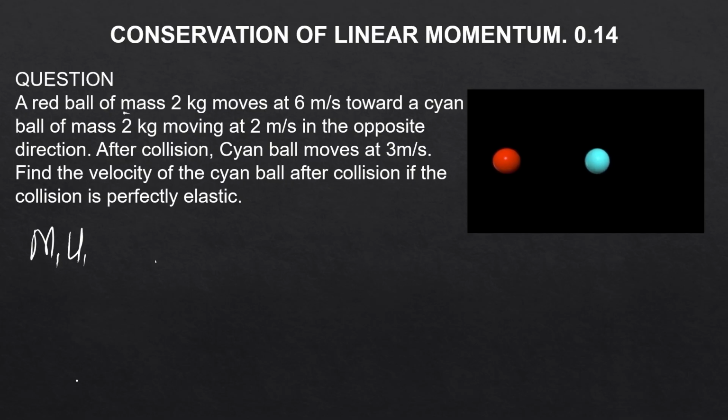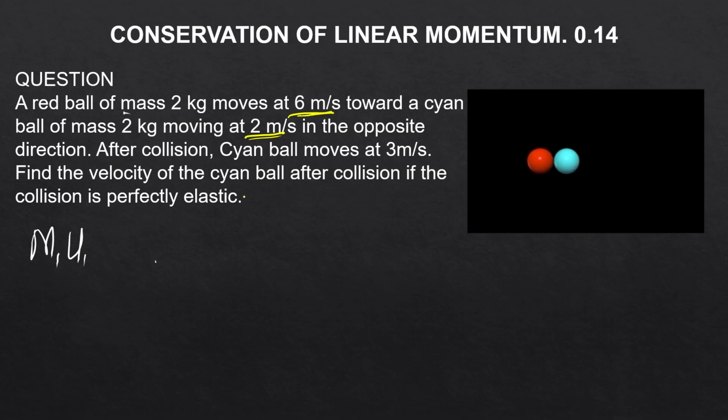All of them have the same mass of 2, but they have different velocities. The red ball has a velocity of 6 towards cyan, and the cyan has a velocity of -2 in the opposite direction. After the collision, the cyan ball moves at 3 meters per second. Find the velocity of the red ball after collision if the collision is perfectly elastic.